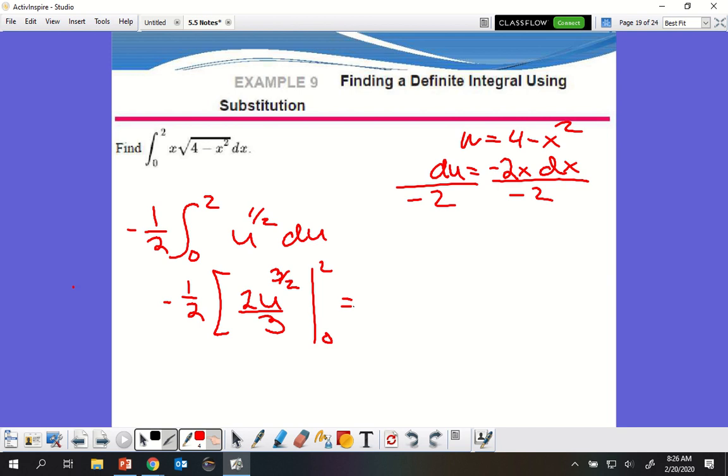So that's going to give me my negative 1/2 of my 2 parentheses 4 minus x squared to the 3/2 over 3. Yes? Okay, yeah. And from 0 to 2. Okay, you people, right now, math this. Do some math.